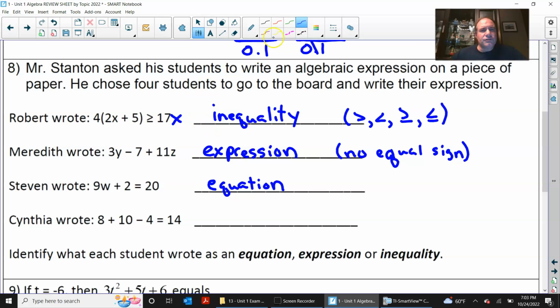All right. So I'm just going to put that X. I feel bad for Rob. Identify what student wrote an equation, an expression, or inequality. So right now we have an equation that Stephen wrote because an equation has an equal sign.